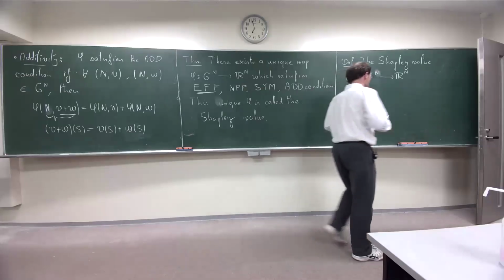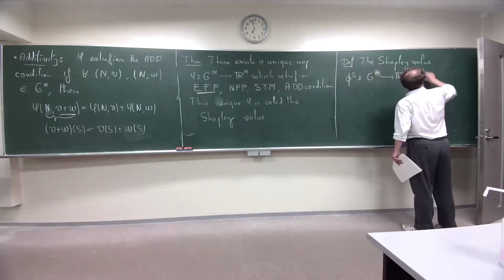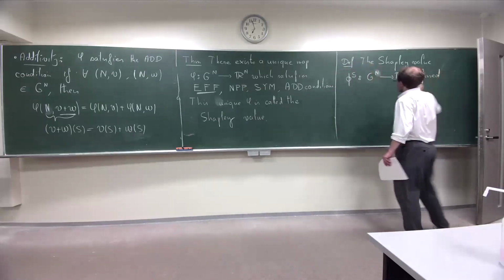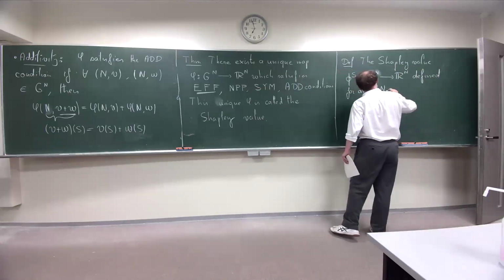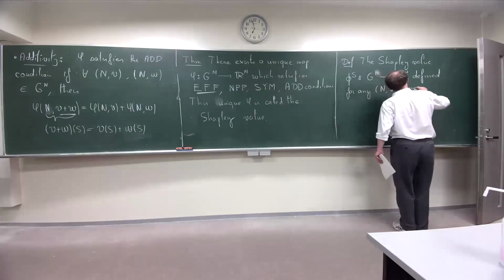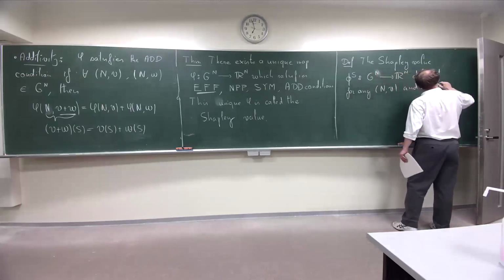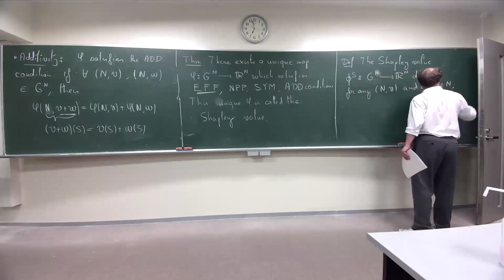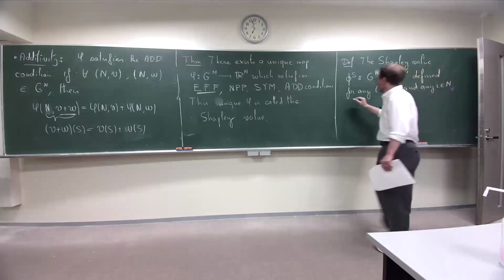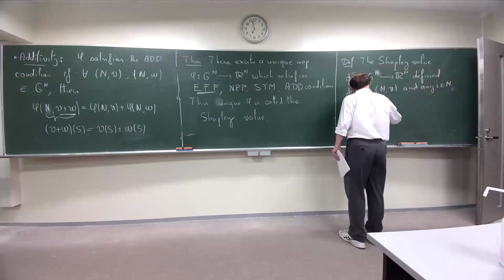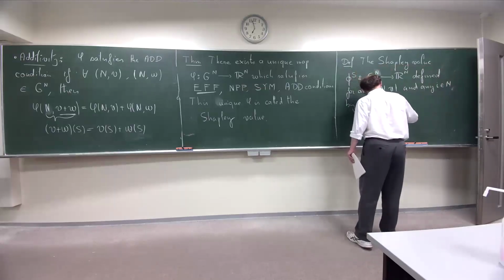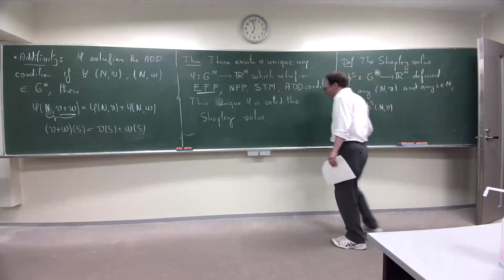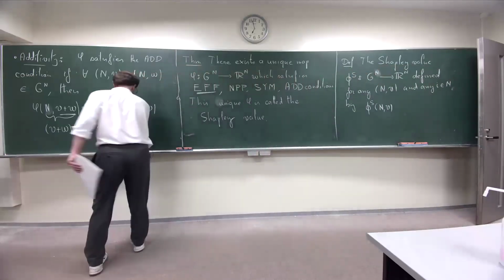And how is it defined? For any game v and any player i, phi of v, this subscript S is a bit misleading. I did hesitate to keep it.